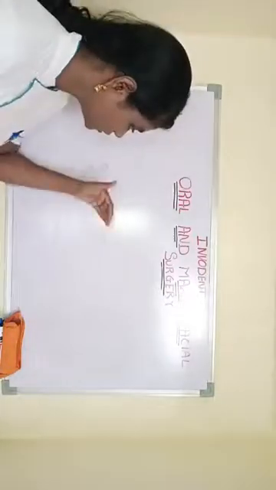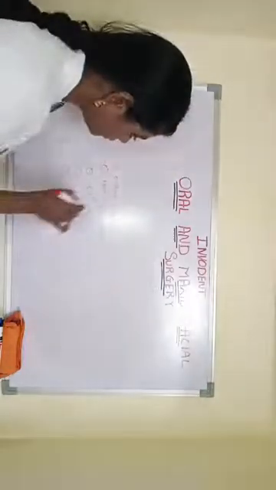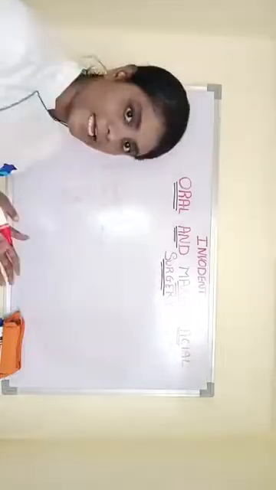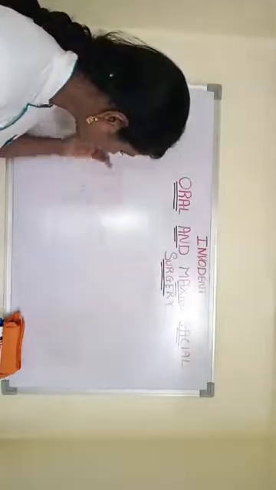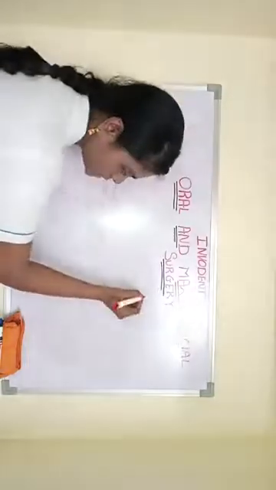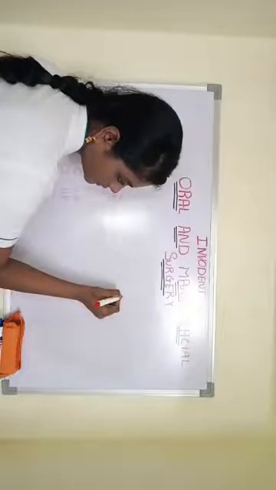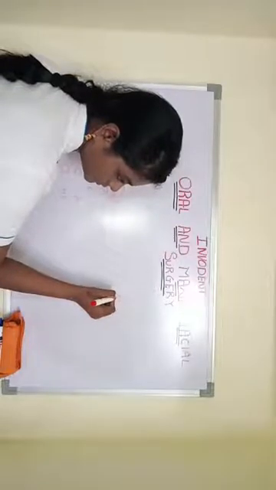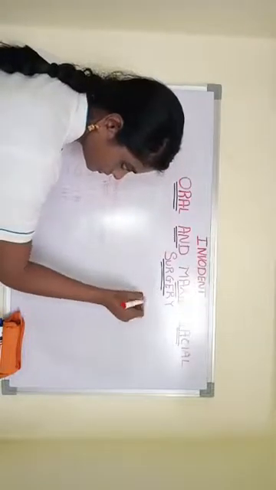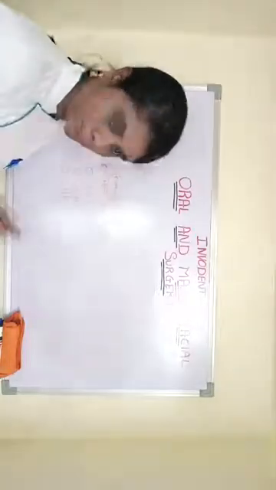So first of all, orthognathic surgery and pre-prosthetic surgeries. When it comes to orthognathic surgeries, when a patient is having a profile like this, it is a class 1 profile.